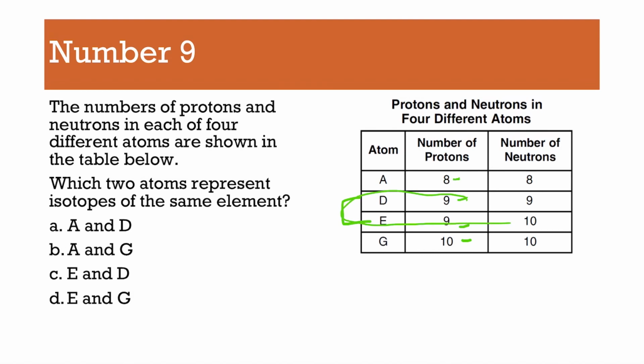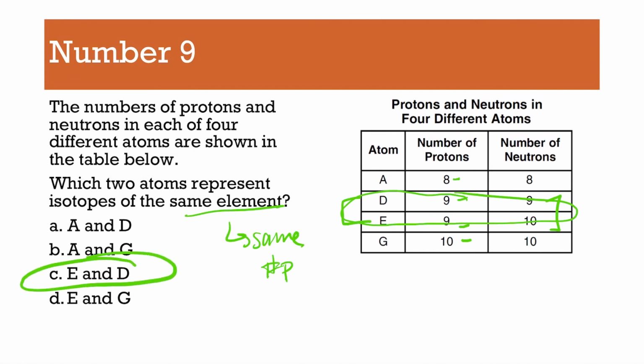So hey, D and E have the same number of protons, and that's what makes it the same element. And the only thing that's different is the number of neutrons, and again, that's what an isotope is. Same element because you have the same number of protons, but the number of neutrons are different, so the mass is different. So our answer here has to be E and D because the number of protons are the same.